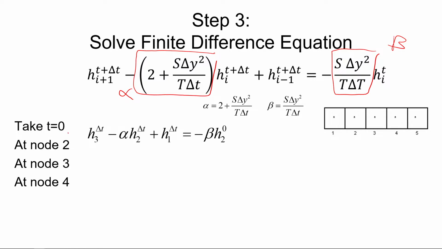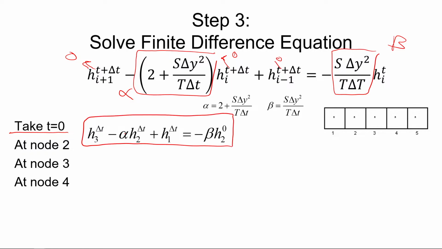Take time equal to 0, so t is equal to 0. That would be just at time equal to 0, and then you can do it for time equal to 1, and take this equal to alpha, then I get an equation that looks like this, where this is my alpha and this is my beta. So what does this mean?